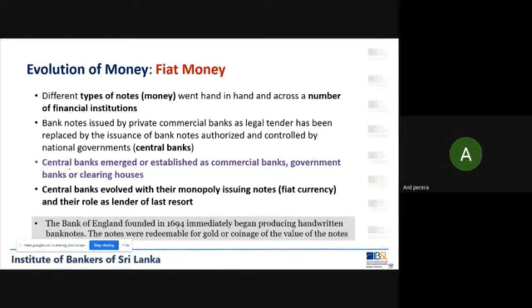Now, the next point in history. We have seen goldsmiths started issuing money, paper money, and then we see how central banks came into this equation, or how central banks started their job.